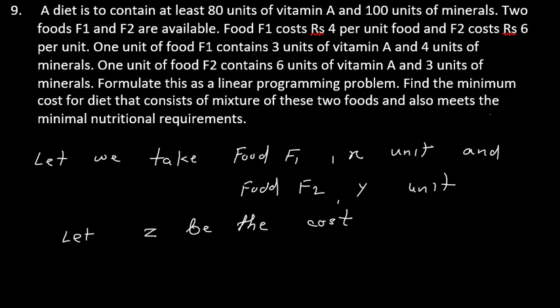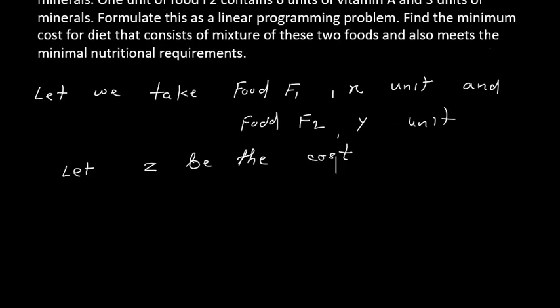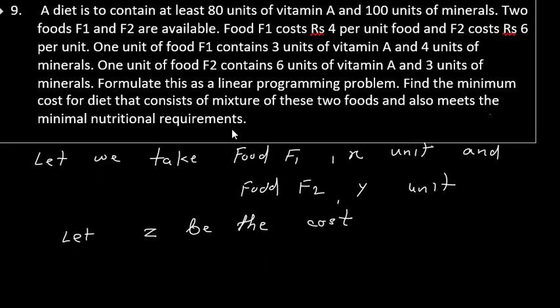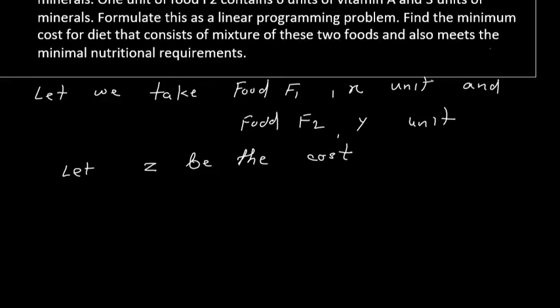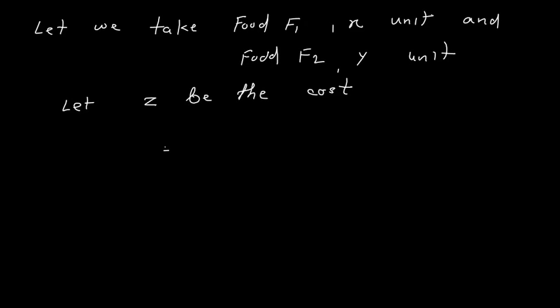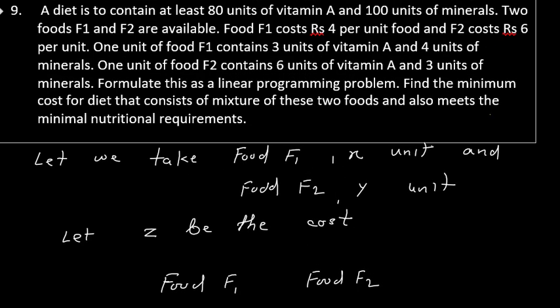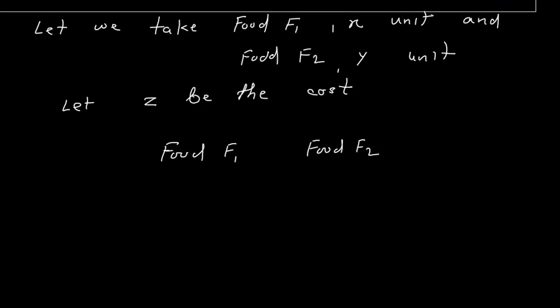Okay, so let us first represent this whole information in table format. Two food F1 and F2. So here we have two food F1 and food F2. Here in food we have vitamin A and mineral.